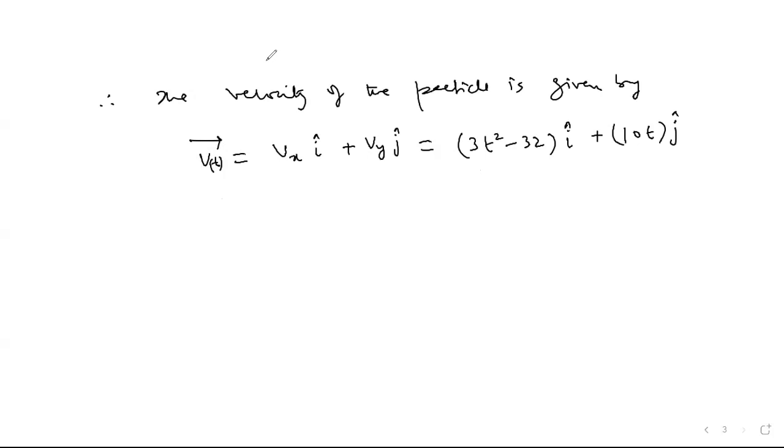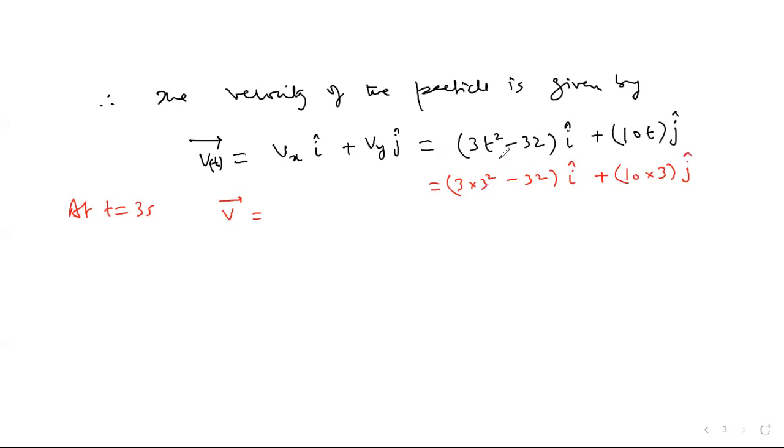Now we move to the answer. At t is equal to 3 seconds, what's our velocity vector? We have to simply put t is equal to 3 seconds. Now I hope you are getting it. So at t is equal to 3 seconds, it will be just 3 times 3 square minus 32 i cap plus 10 into 3 j cap.